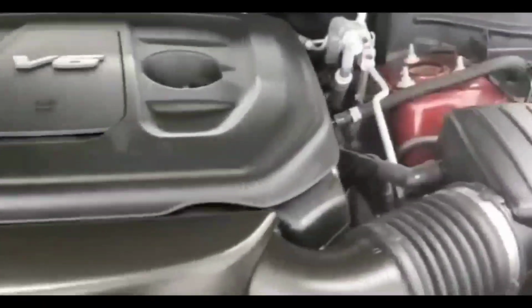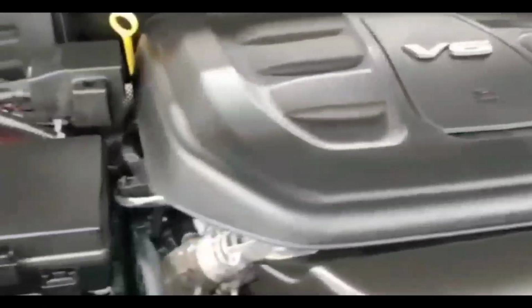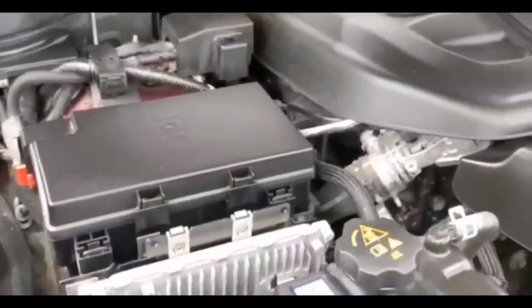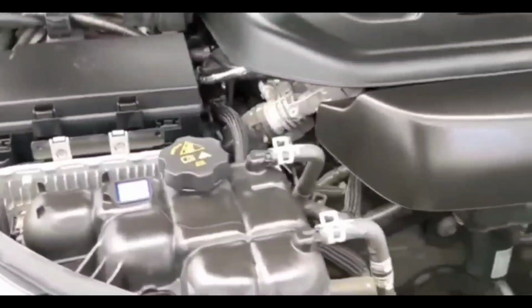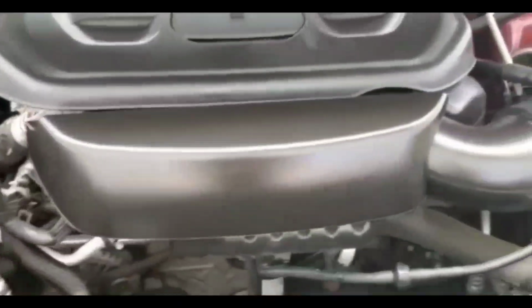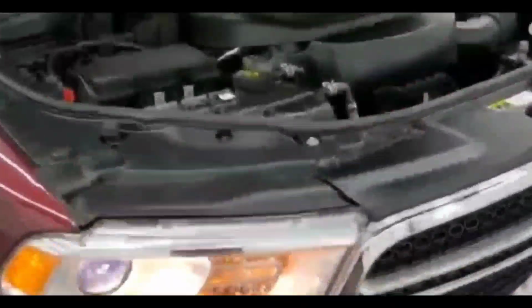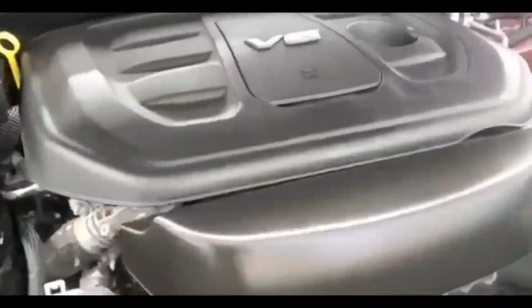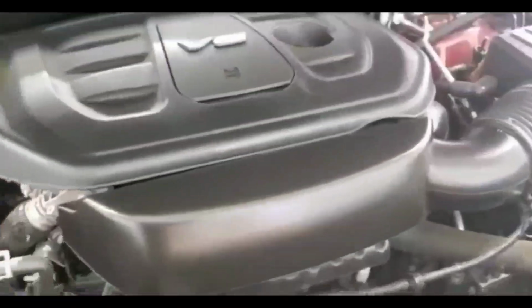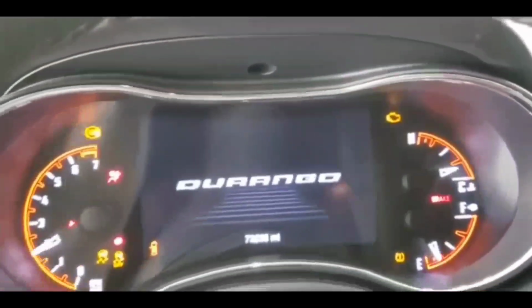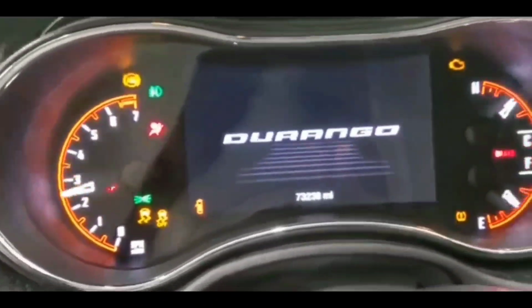But let's just talk about what this problem is and how you guys can resolve this issue. If you have this problem, there's a good chance you have a check engine light on your dash. If you know the code to it, you probably have an OBD-II scanner. You plugged it in and this code came up.